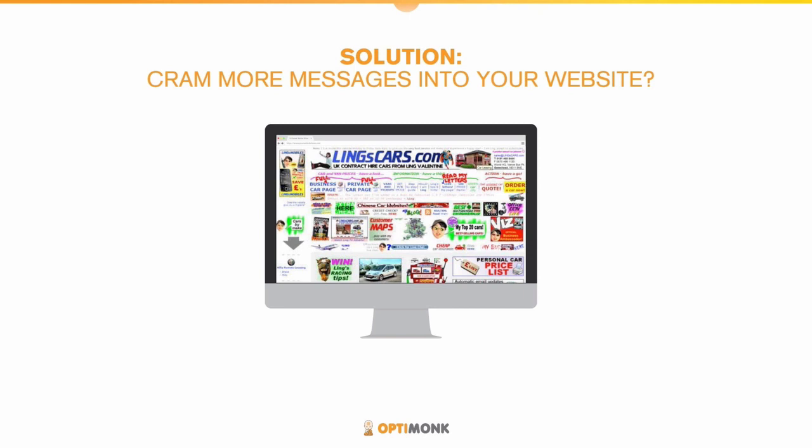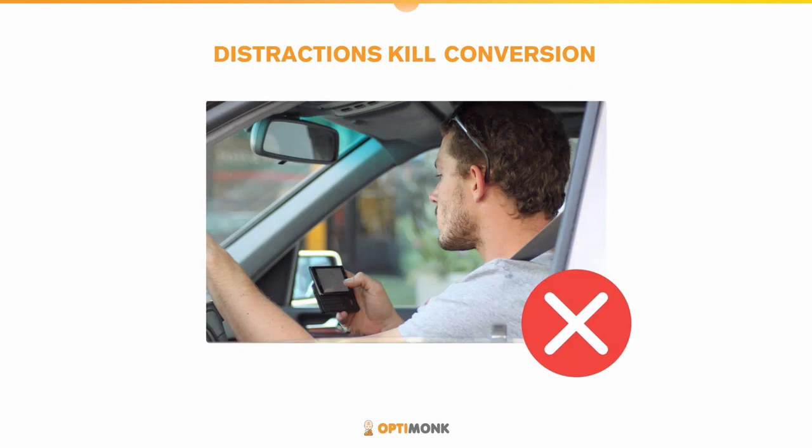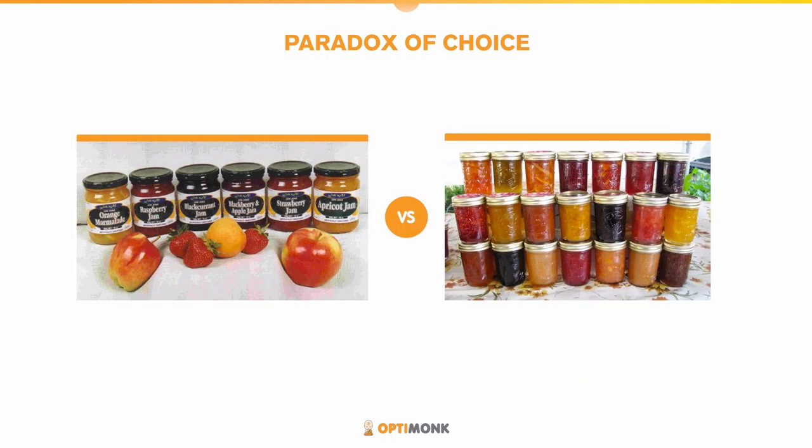Let me tell you an interesting story about it. There was a research in France in the 2000s in a superstore where they compared jams. There were jam tasting booths set up, and in one case, 6 different bottles of jam were promoted, while in the other case they promoted 21 bottles of jam.